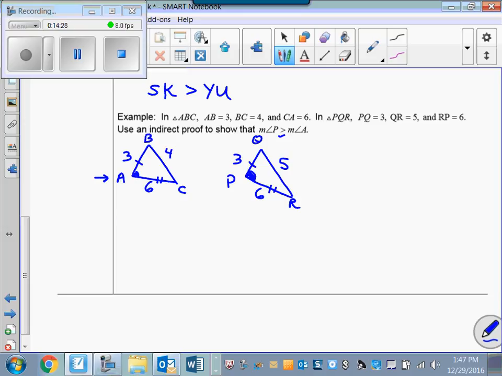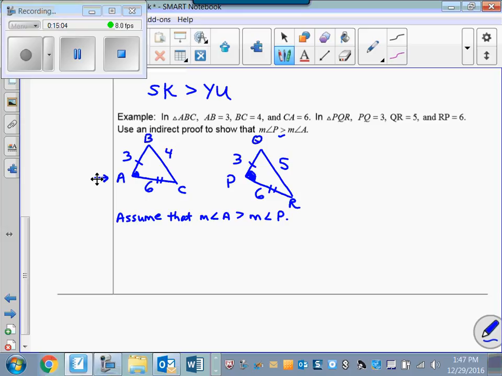So what are we going to start with? We're going to assume that the measure of angle A is greater than the measure of angle P, because remember in an indirect proof I just assume the opposite. Okay, so what does that tell me?